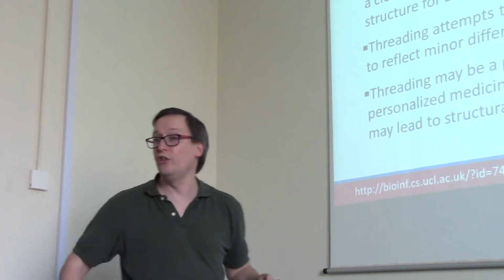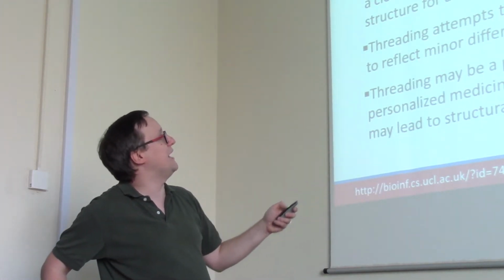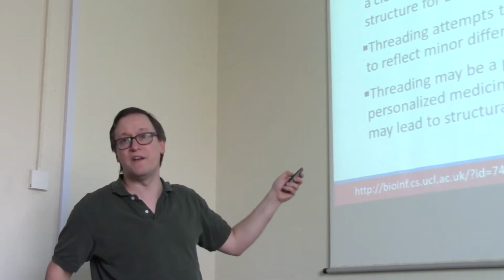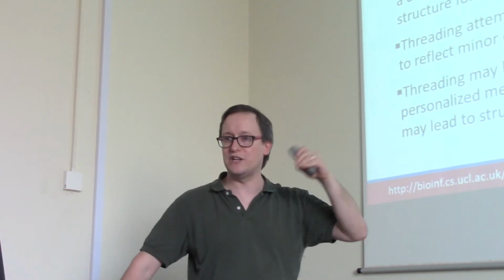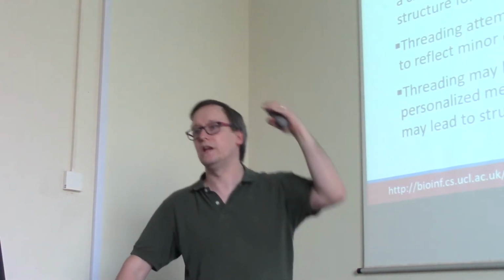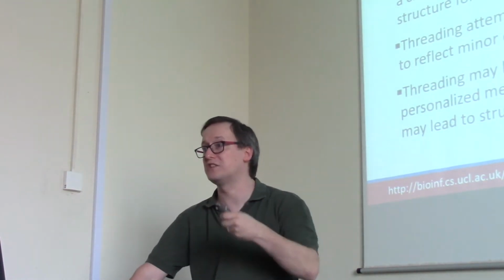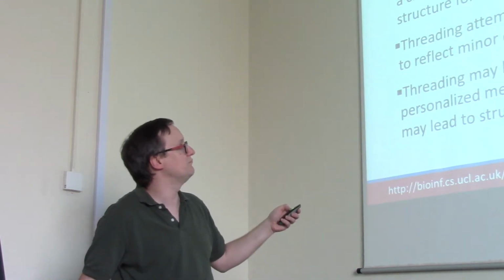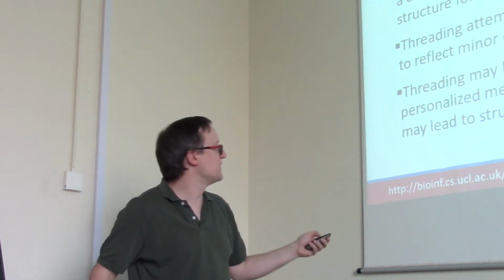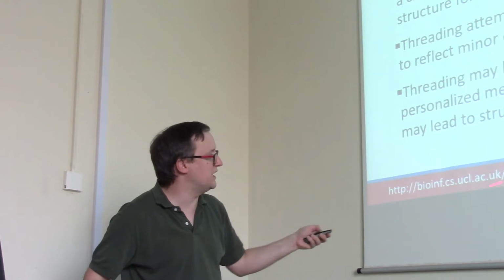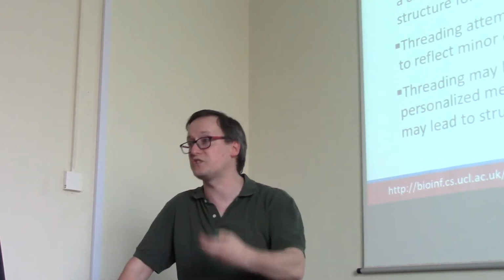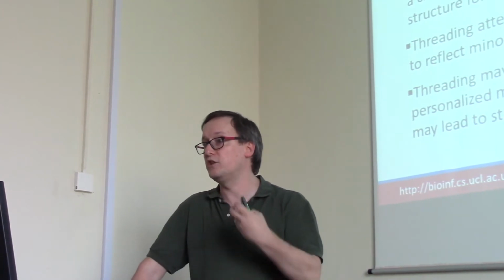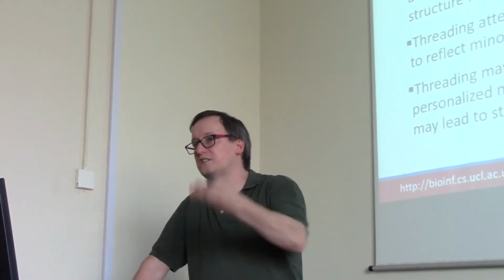So we call this threading. If you have a related structure for a very similar sequence, you can ask, how would these slight alterations in the structure impact the shape that the structure takes on? Now there's a server out there that you can use to help you understand threading, that you can give example changes and see how they work.